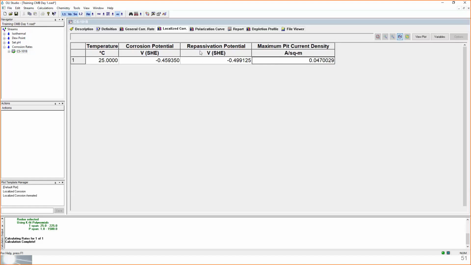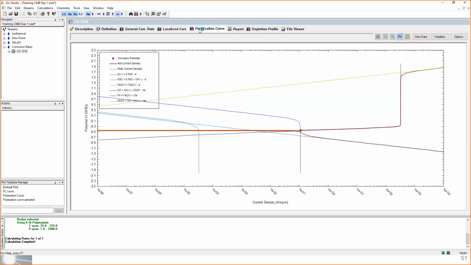Finally, you have here the polarization curve plot. And I really like this plot because in here you have the contributions of the different half reactions that are contributing to this corroding system. Okay, so in here you'll see the anodic dissolution of iron.